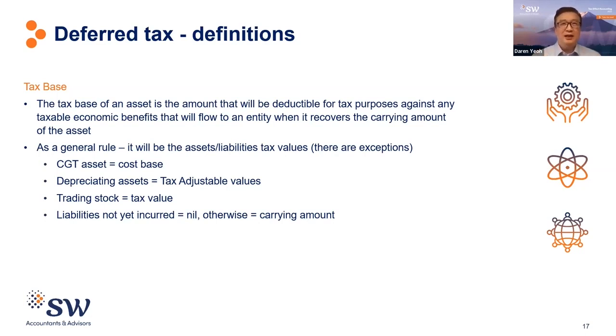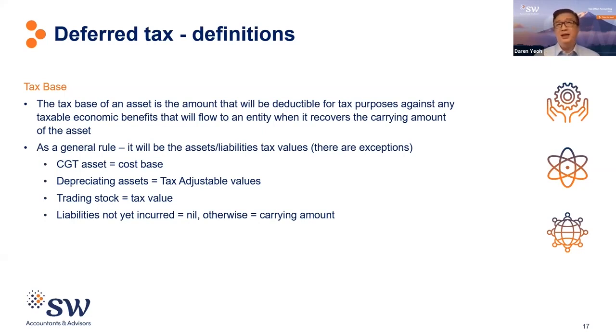Those assets are generally regarded as being held for use to generate sales income. When you're holding an asset for use, the tax base will equal the future depreciation that you are going to get on those assets. Things like trademarks, brand names, copyrights and customer contracts are not depreciable for tax purposes, so there'll be no depreciation allowed when you use those assets. So their tax base would be 0.